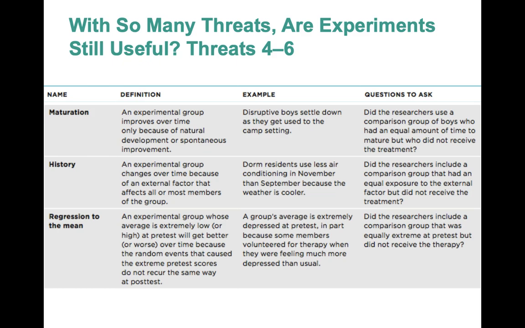It's important to know about these 6 threats to internal validity, I think, especially as a consumer of research or as somebody that will at one point work in an organization or work in a company or just want to make cause and effect conclusions about the world. Lacking a control group, okay?